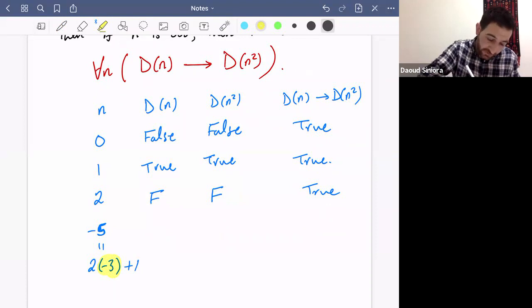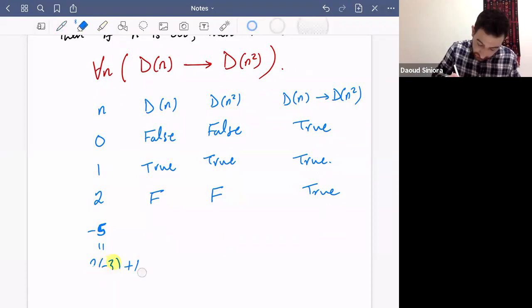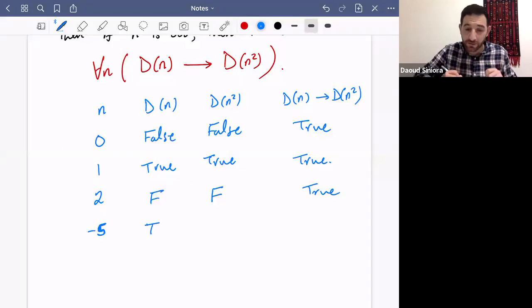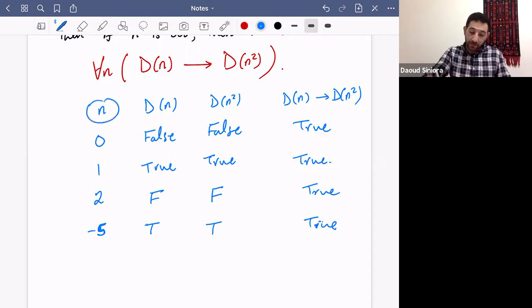So -5 is odd, and so this is a true statement. Now -5 squared is 25, which is odd, and true implies true is true. So this is what the statement is saying. If you choose any n, this property will always be true.